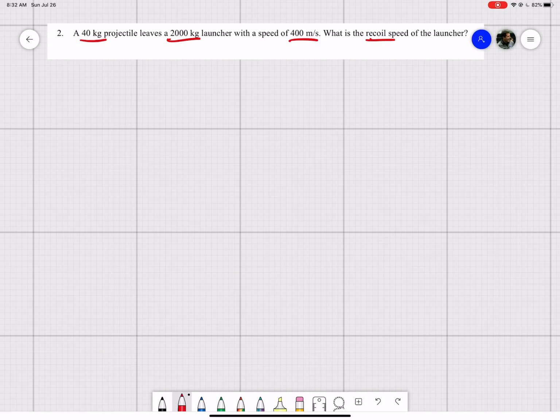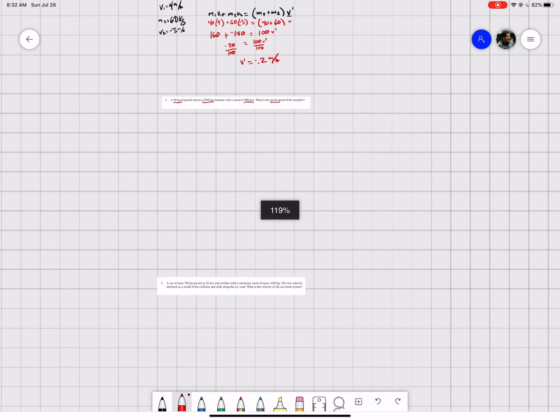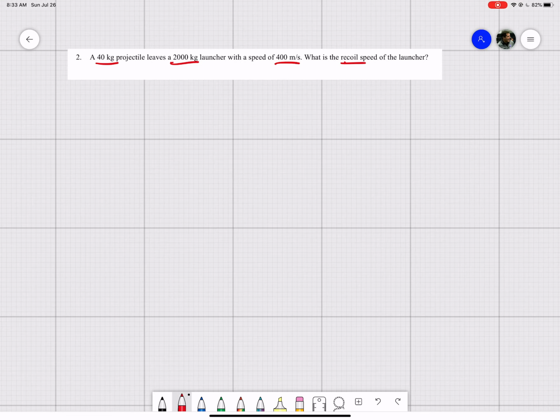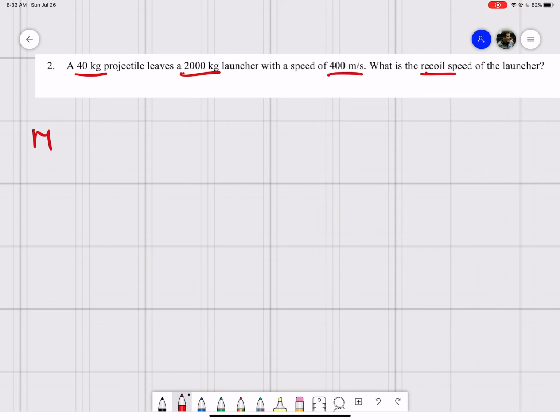So let's just say M1 is going to be 40 kilograms. We'll say M2 is 2,000 kilograms. The 400 meters per second is the projectile.